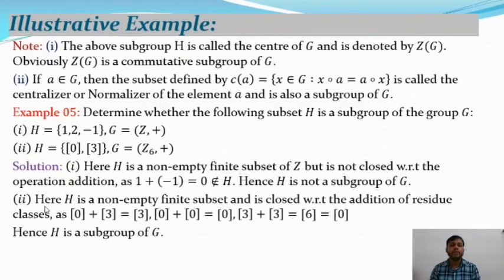And the second problem will be H, that means {0, 3}. So 0 and 3 are the residue classes, and G is the group, G is equal to (Z6, +). So in that case H is a non-empty finite subset and it is closed with respect to the addition of residue classes, that means 0 plus 0 is equal to 0, 0 plus 3 is 3, and 3 plus 3 is 6, and after dividing by Z6, that means it is equal to 0.